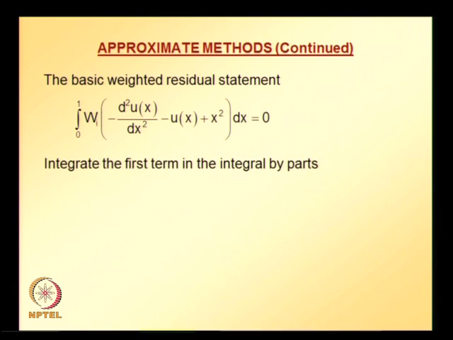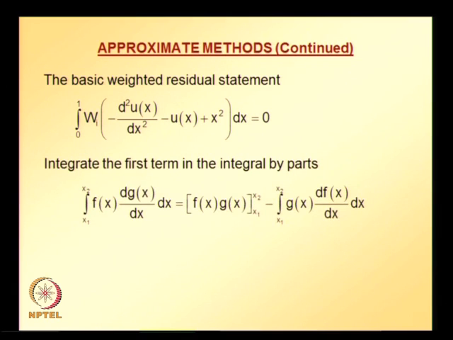Integrate the first term by parts, and the integration by parts formula is reproduced here. If we have f times the derivative of g with respect to x integrated between x1 and x2, it can be written as f times g evaluated between the limits x1 and x2, minus the integral of g times the first derivative of f with respect to x. So this is integration by parts.